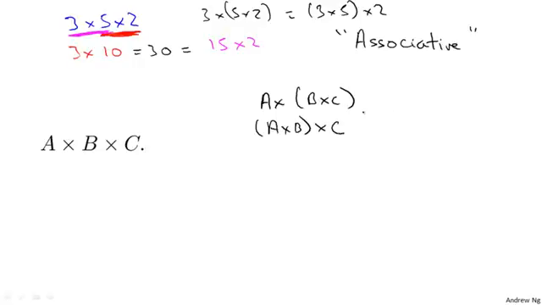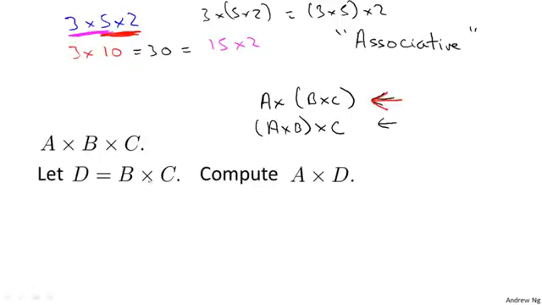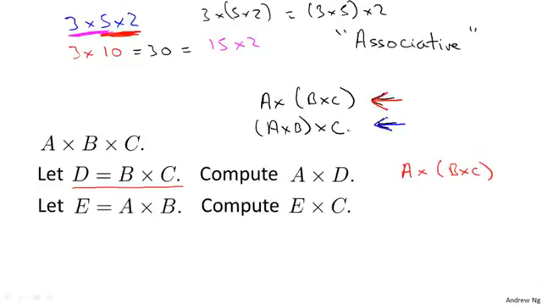So just to be clear what I mean by these two cases, let's look at the first one. What I mean by that is if you actually want to compute A times B times C, what you can do is first compute B times C, so that D equals B times C, then compute A times D. So this is really computing A times B times C. Or, for this second case, you can set E equals A times B, then compute E times C, and this is then the same as A times B times C. And both of these options are guaranteed to give you the same answer.